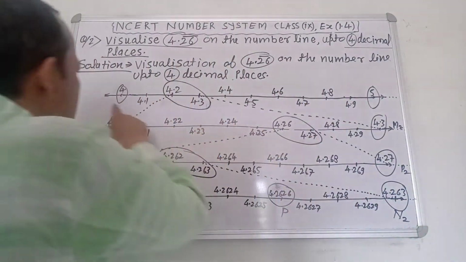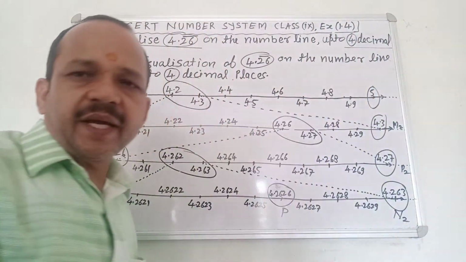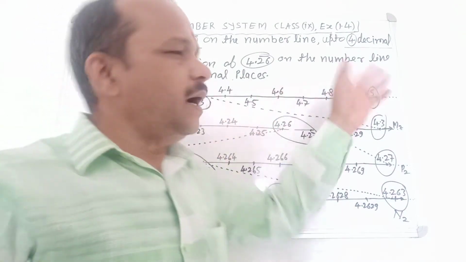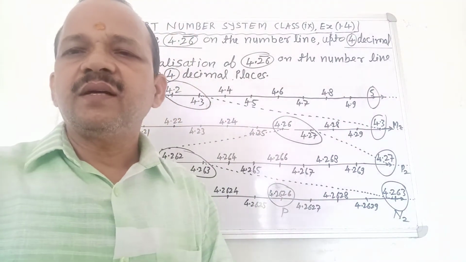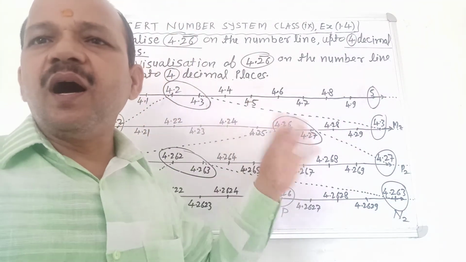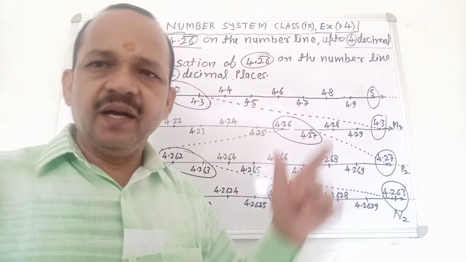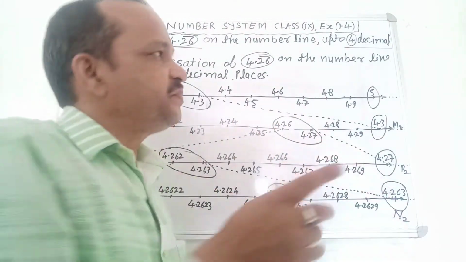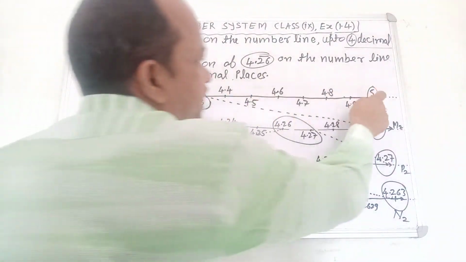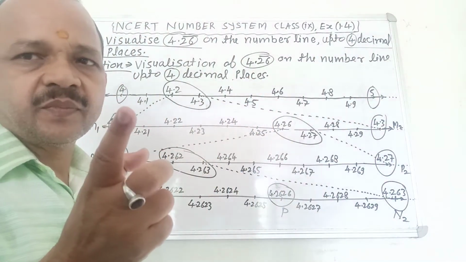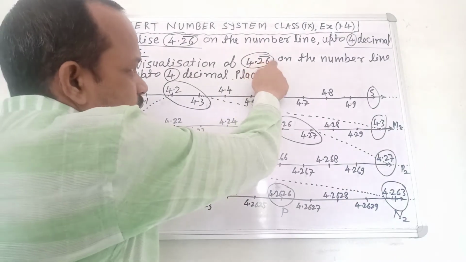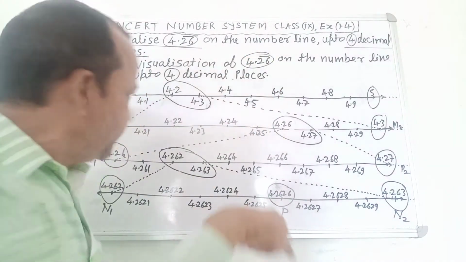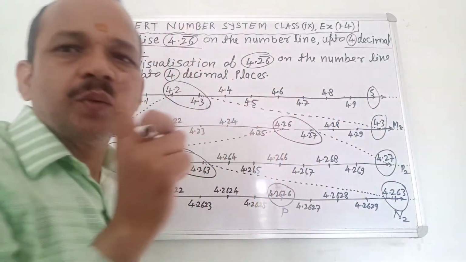It is a number line. Firstly, you draw a number line and put all integers on your line. Here 4, here 5. 4.26 bar is between 4 and 5.